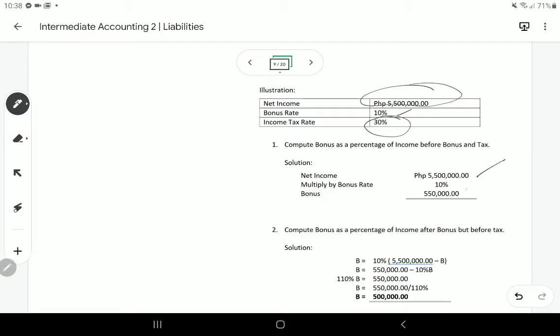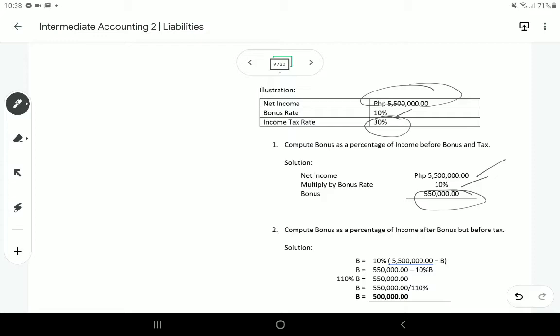Net income multiplied by the bonus rate. So, that equals 550,000. Okay? So, plain and simple lang yan siya. Now, under method 2, medyo complicated, pero medyo lang, no? By level yung complication nito.